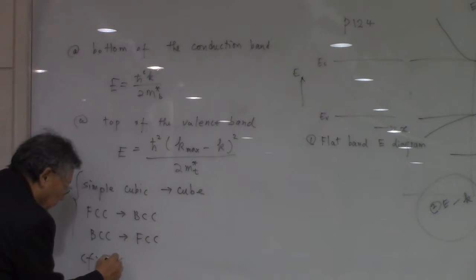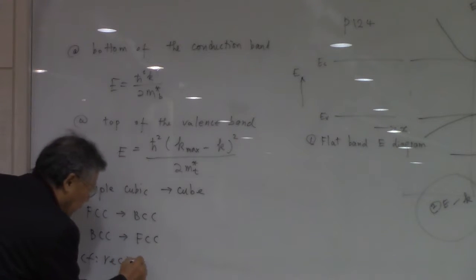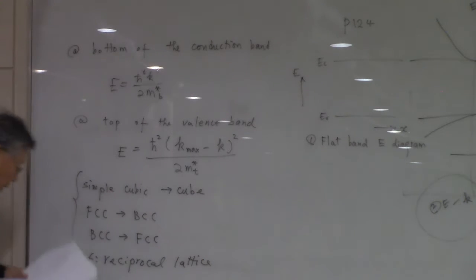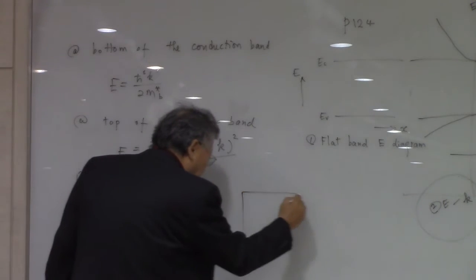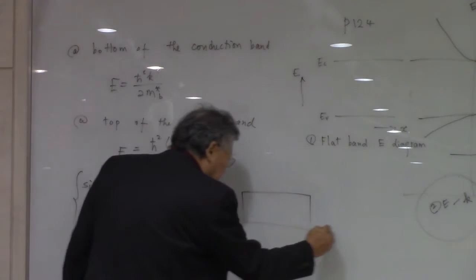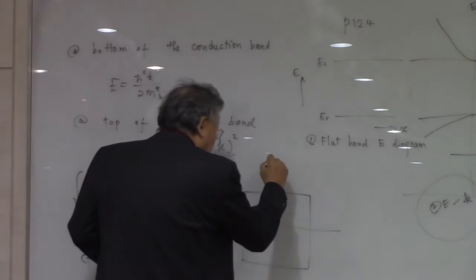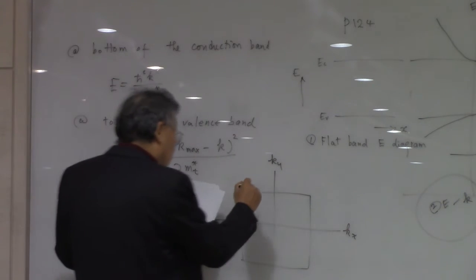The reciprocal lattice. Same thing happens in the equal energy surfaces, like what we are talking about is KY and the KX, for example, two-dimensional representation.